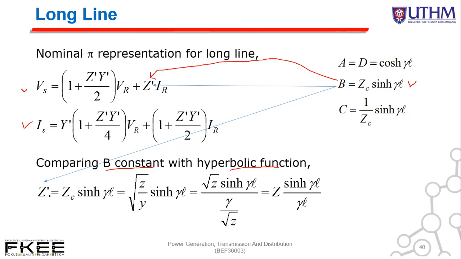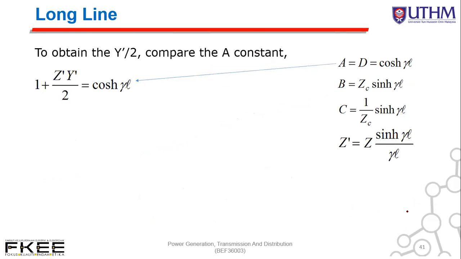So Z prime equal to ZC sinh gamma L, where ZC is equal to square root of Z over Y. Further elaborating this equation, we get square root of Z sinh gamma L over gamma over square root of Z. So finally we get Z prime equal to Z, that is impedance, times sinh gamma L over gamma L. We got Z prime.